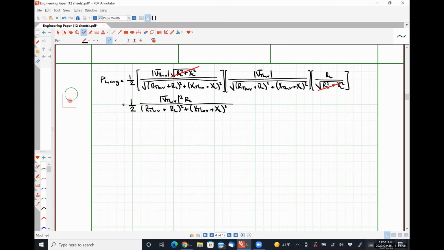So for maximum average power transfer to occur, what does the relationship between X Thevenin and XL need to be? They need to add together to make zero, which means XL needs to be exactly equal to negative X Thevenin. Okay.